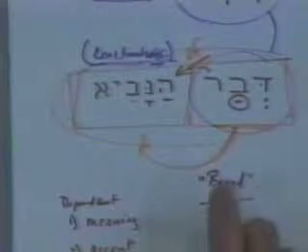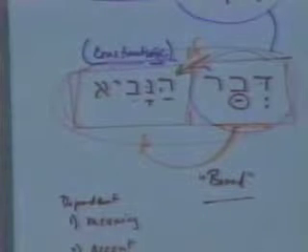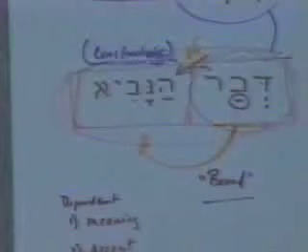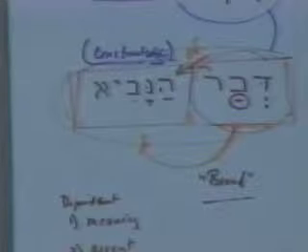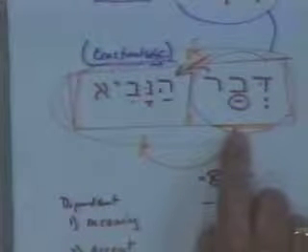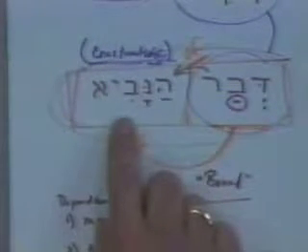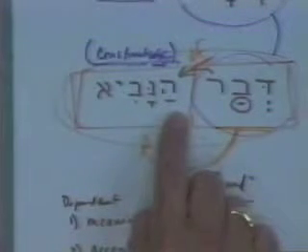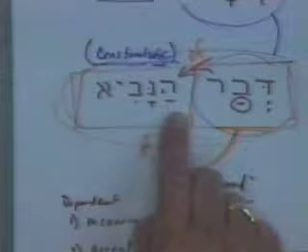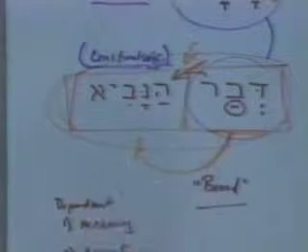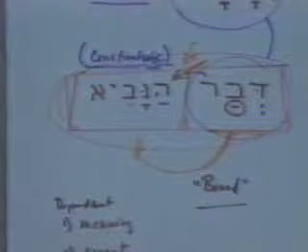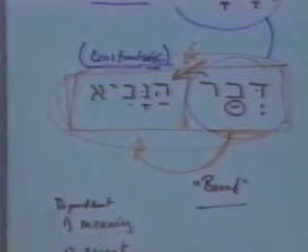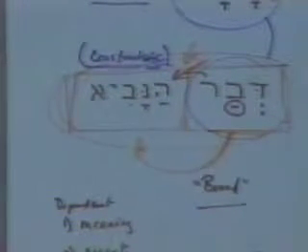So how would you translate Devar Hanavi? We have the word for word, and we have the word prophet with the article, the prophet, correct? Put it all together, and what do you get? The word of the prophet. Got it? The word of the prophet.